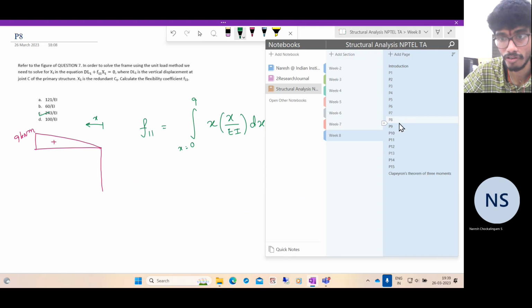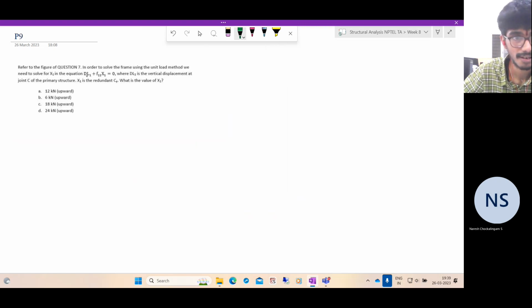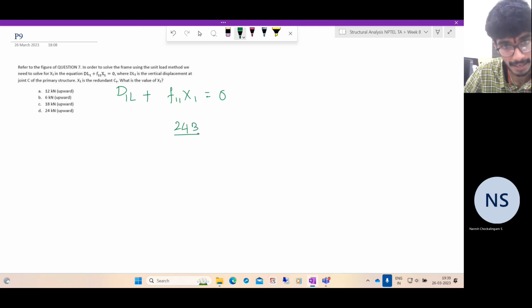What is the last step? The last step is to solve for this. So D1L plus F11 x1 is equal to 0. F11 is 243 by EI. D1L is 2916 by EI, and there's a minus sign here.